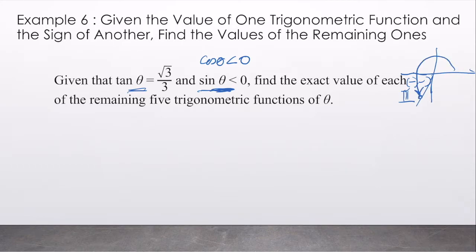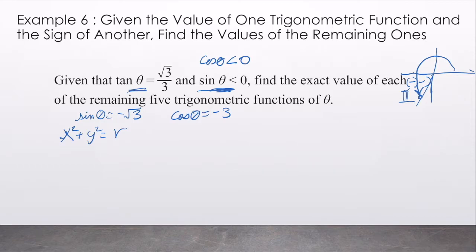So let's let y be negative square root of 3, and x be negative 3. And I know that if I have x squared plus y squared, that is my radius squared.